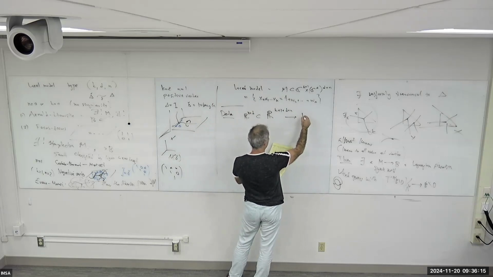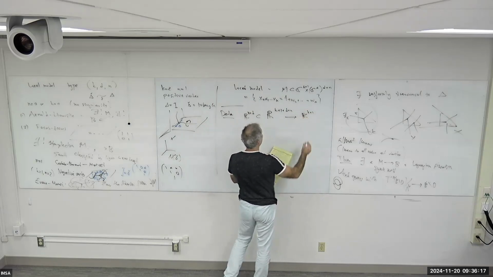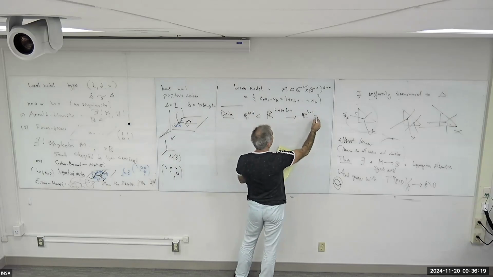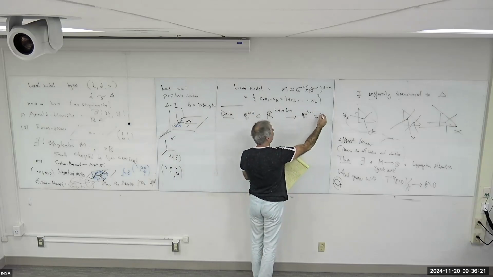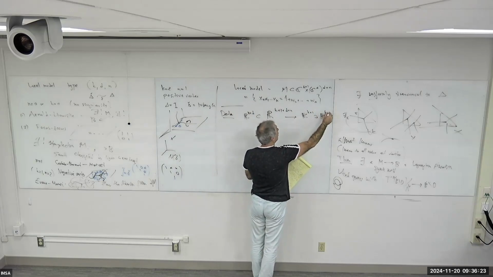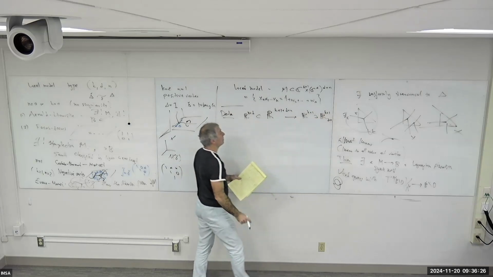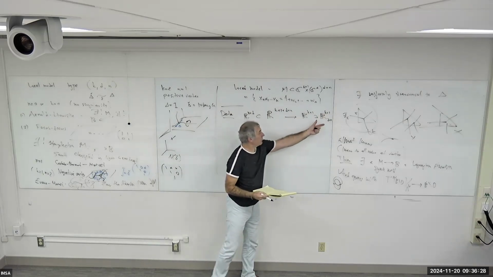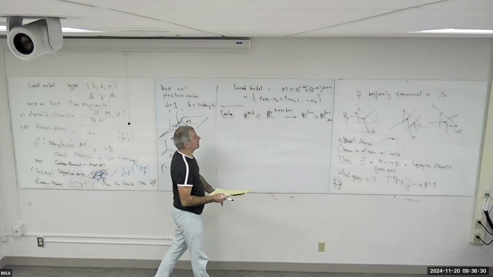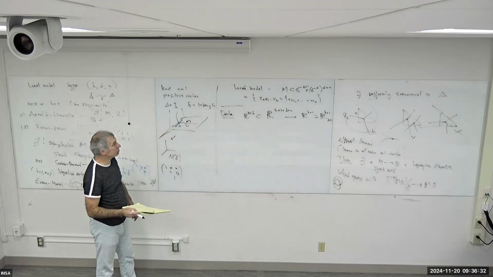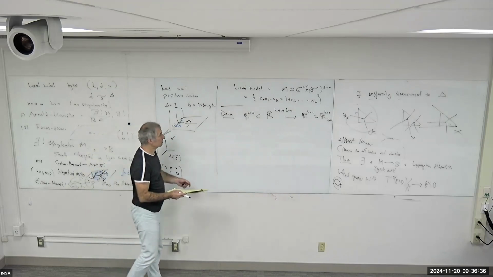I'm going to call this quotient R^(k+1) in dimension. And inside of here, we choose an integral octant.